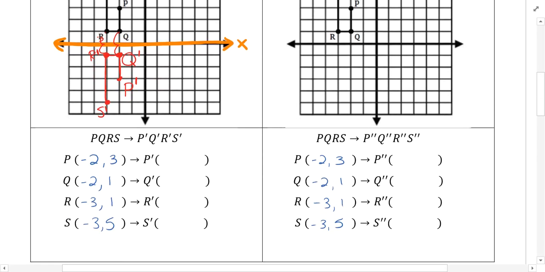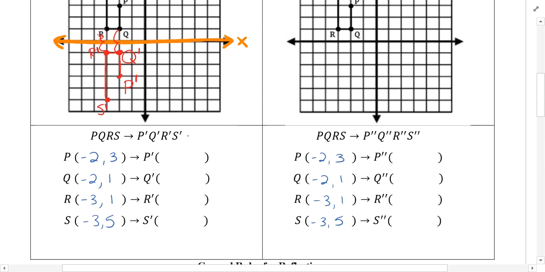So let's get our new ordered pairs here. The image of P is at -2, -3. The image of Q is at -2, -1.